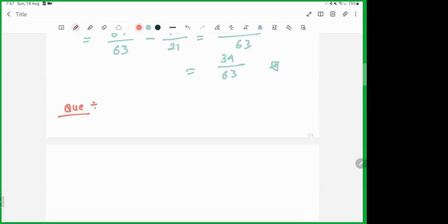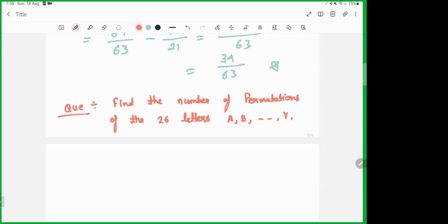Find the number of permutations of the 26 letters A, B, ..., Y, Z that do not contain the patterns JOHN, PAUL, and SMITH.